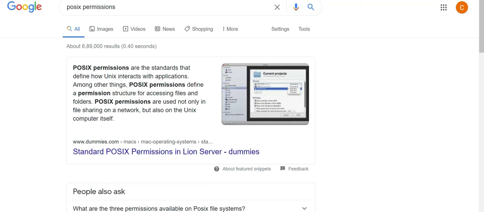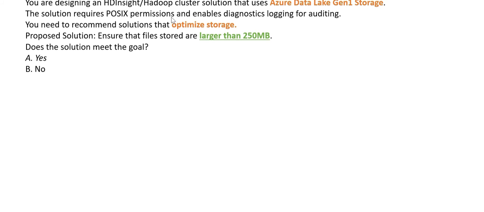Now, what are POSIX permissions? POSIX permissions are standards majorly used in Unix to provide permissions. It has a permission structure for accessing files and folders. Our question requires POSIX permissions and enables diagnostic logging for auditing.